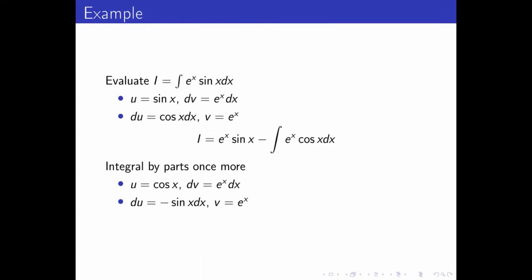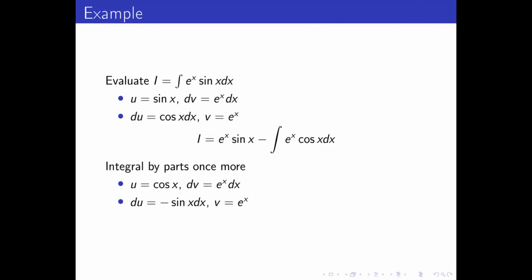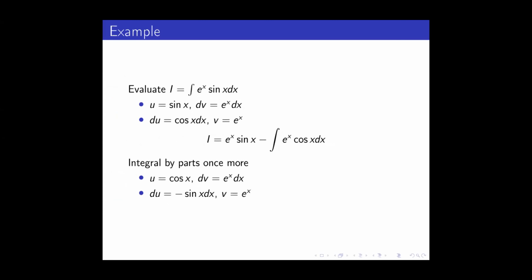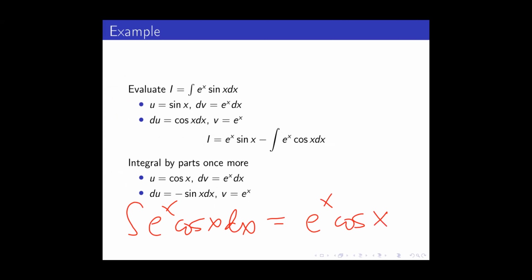And if you do that, then what you get is e to the x cosine x dx equal to u times v, so that is e to the x cosine x, and minus the integral of minus sine x e to the x dx.